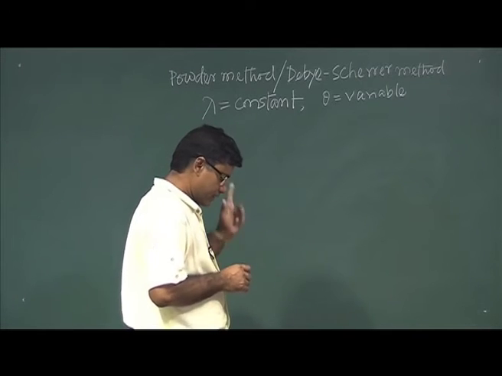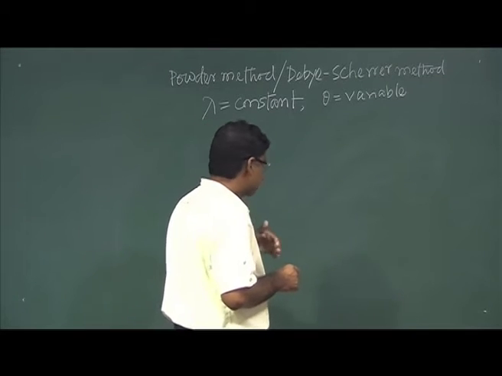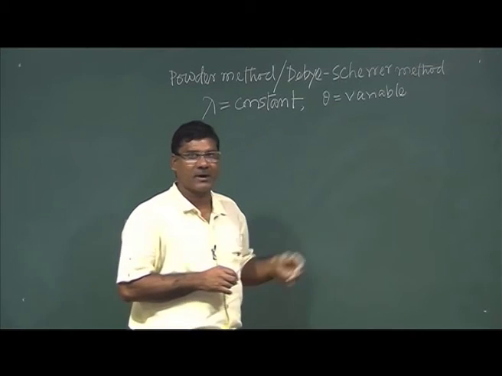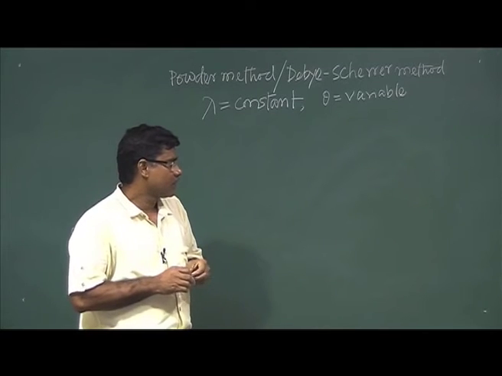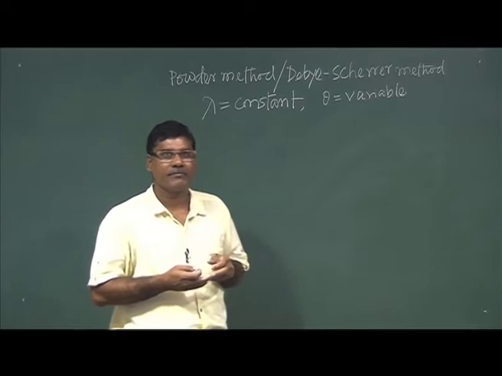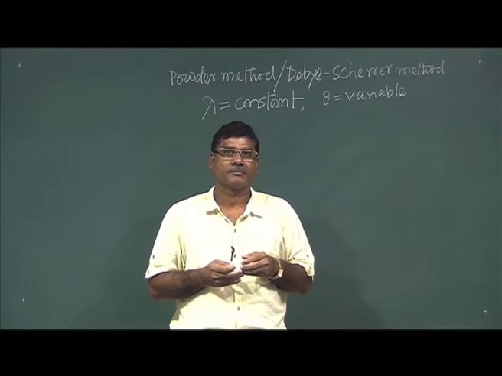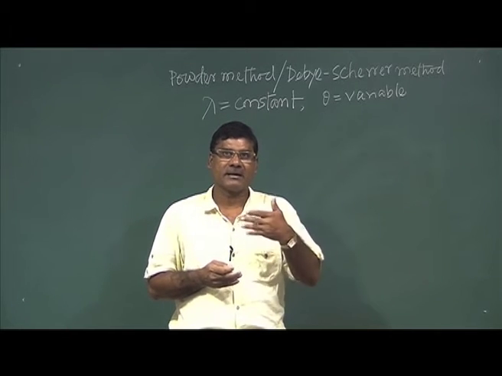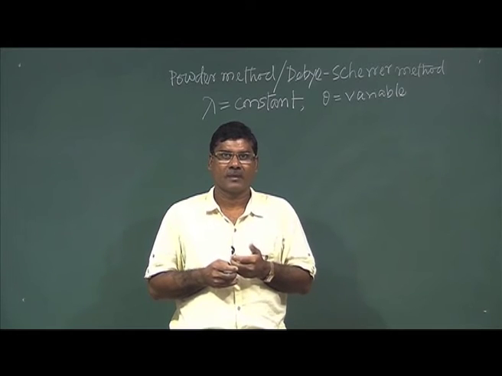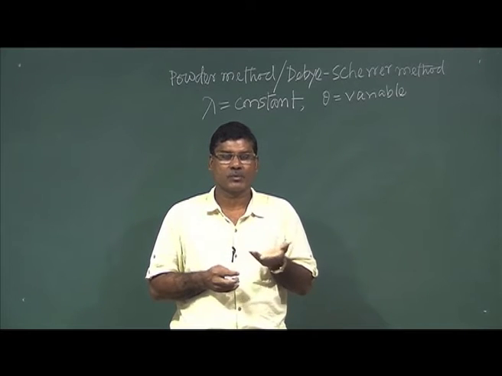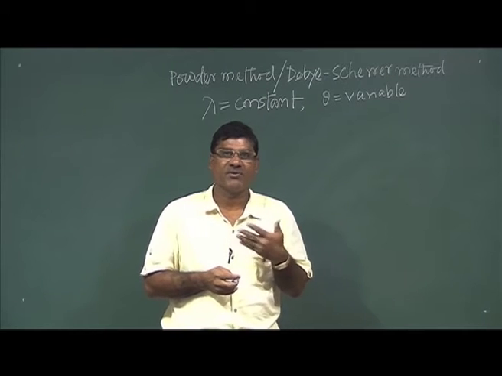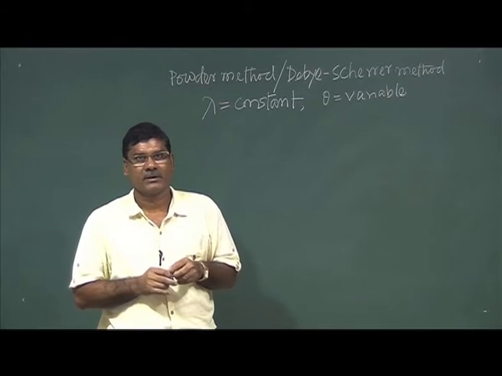So, here the experimental geometry we have to take in such a way that theta is variable and lambda is constant, which we can choose from the X-ray source. We can choose a particular lambda using a filter.